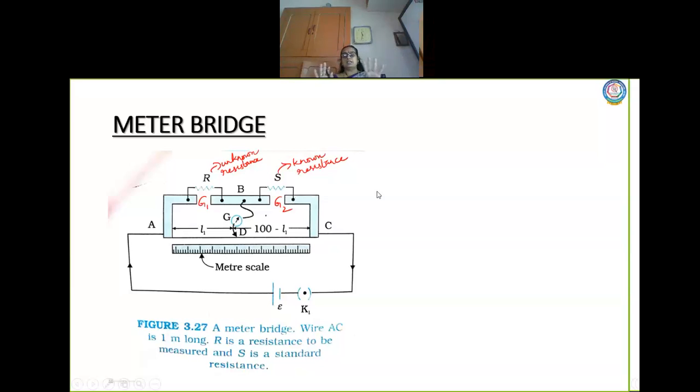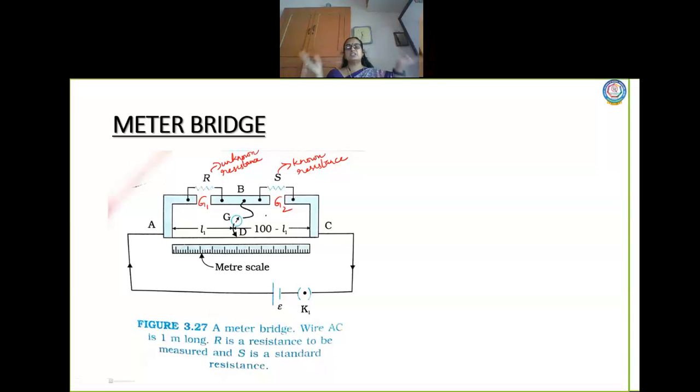Now, before starting the experiment, we should check whether the connections are correct. For that, you need to keep the jockey wire near the terminal A. Now, if you keep the jockey near the terminal A, the galvanometer shows deflection on one side. Then you move the jockey to the terminal C. When you keep the jockey at terminal C, immediately the galvanometer will move to the other side and show the deflection on the other side.